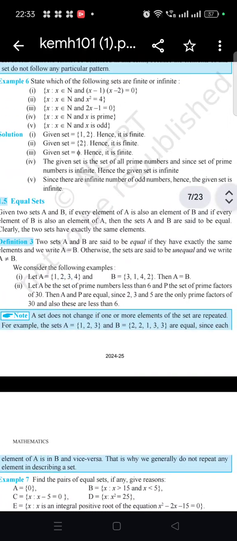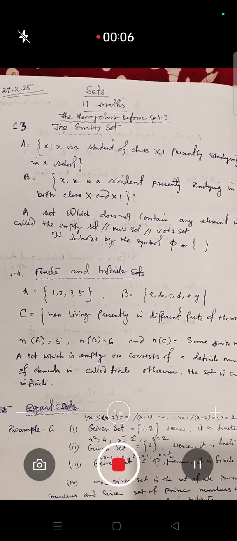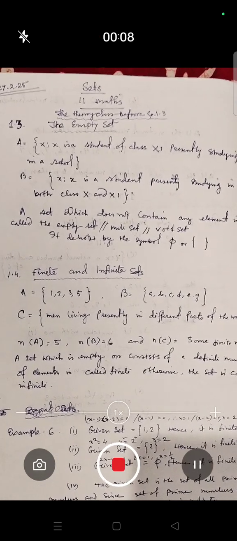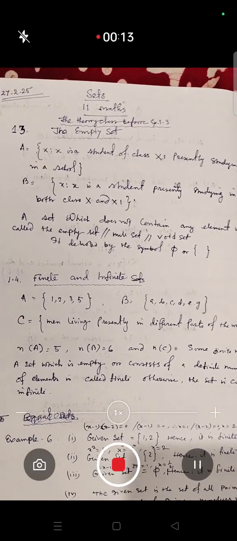Now students, I hope you understood it better, and I will show you some notes from this chapter, mainly part of this chapter. Sets, Class 11 Maths, the theory class. Before 1.3, the empty set.